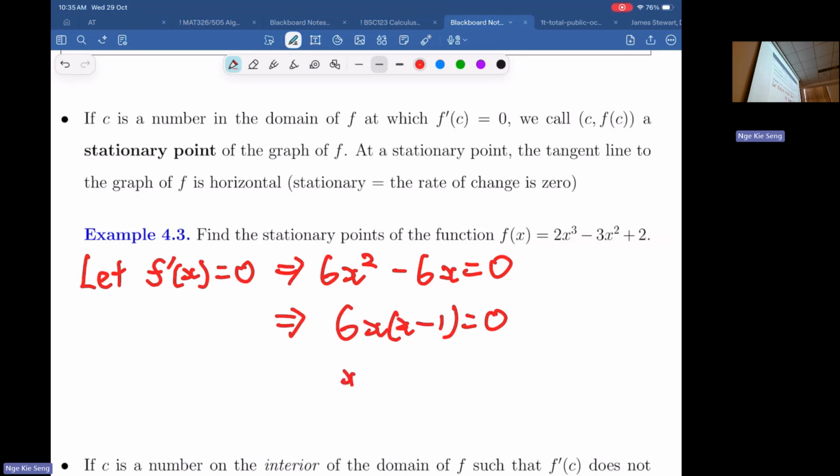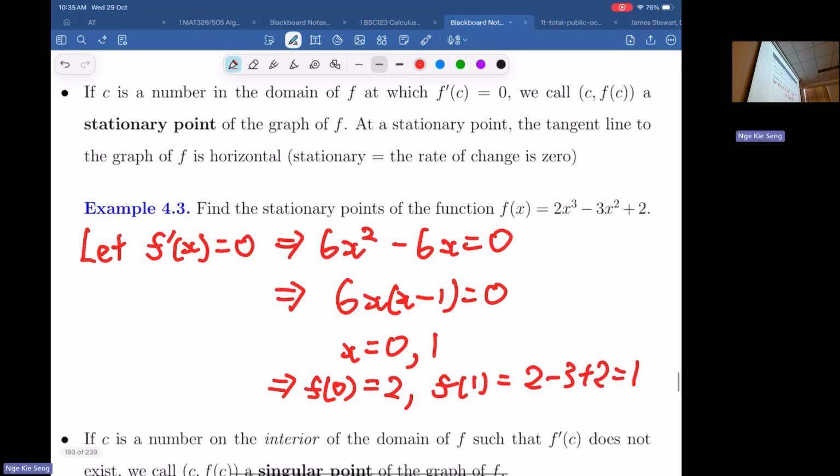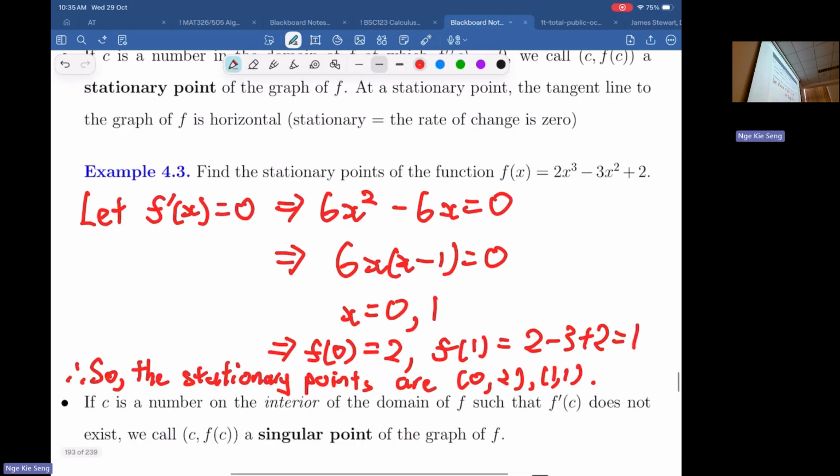So you will take x = 0 or x = 1. These are the x values. To find the f values, you just substitute: f(0) = 2 and f(1) is 2 - 3 + 2, which is 1. So the stationary points are (0, 2) and (1, 1). These are the two stationary points.